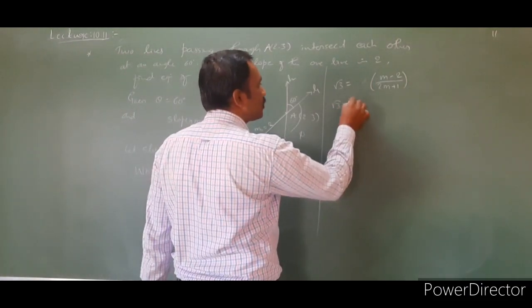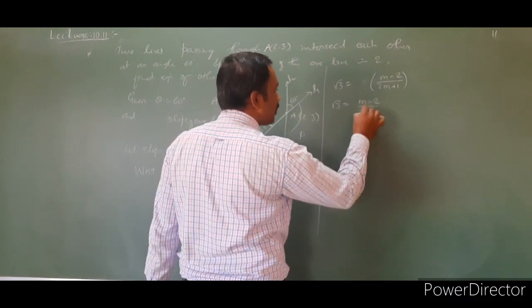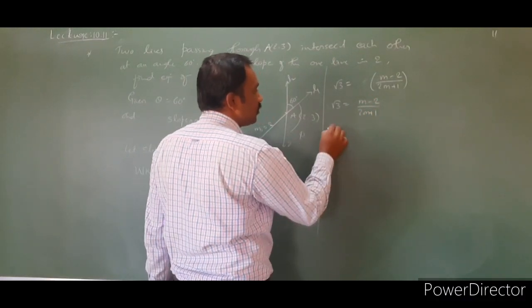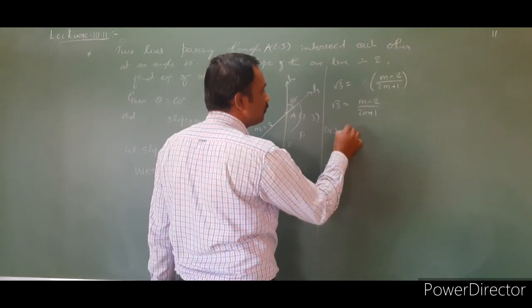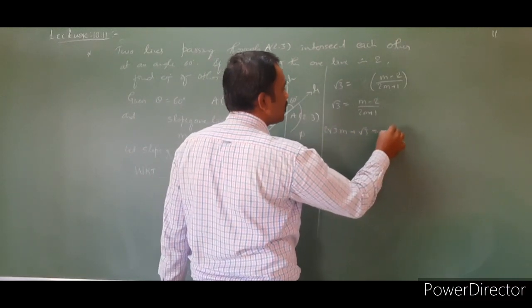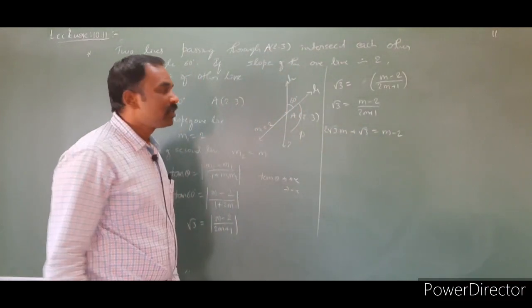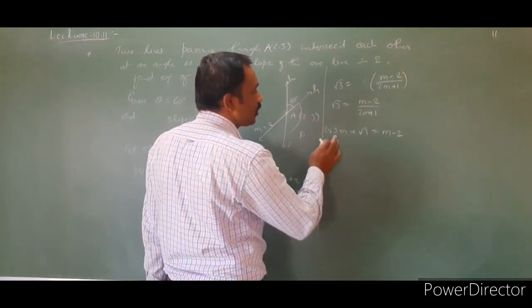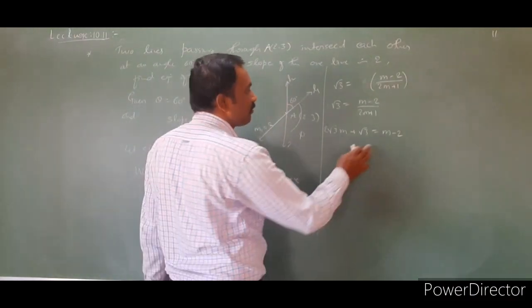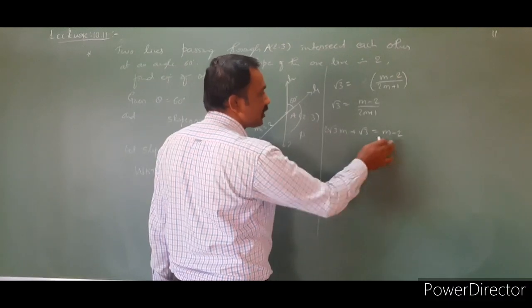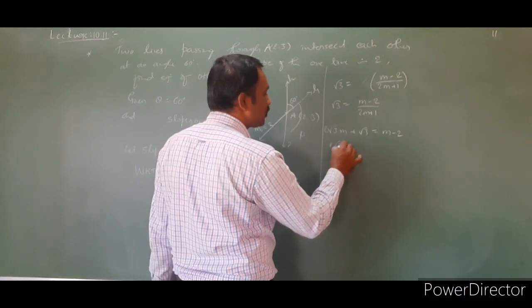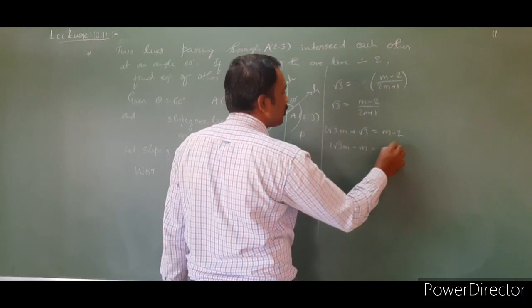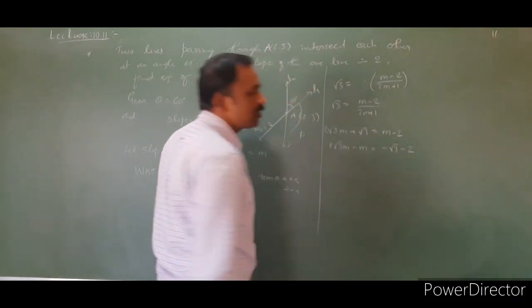Simplify. Root 3 is equal to (m minus 2) divided by (2m plus 1). So 2 root 3 m plus root 3 is equal to m minus 2. On simplifying, m is there. Take that m to the left hand side: 2 root 3 m minus m is equal to minus root 3 minus 2.